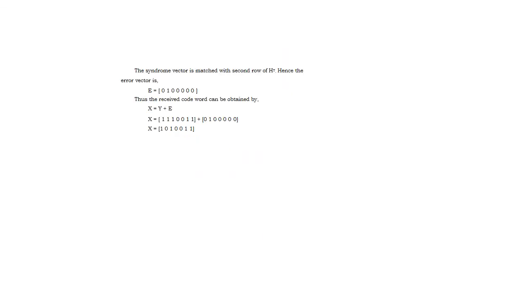So the syndrome vector matches the second row of H transpose. Hence the error vector is E is equal to 0 1 0 0 0 0 0. So the received code word can be obtained by X is equal to Y plus E. So we have to add the Y value and the E value and we will get the X value. So that is the corrected code word.